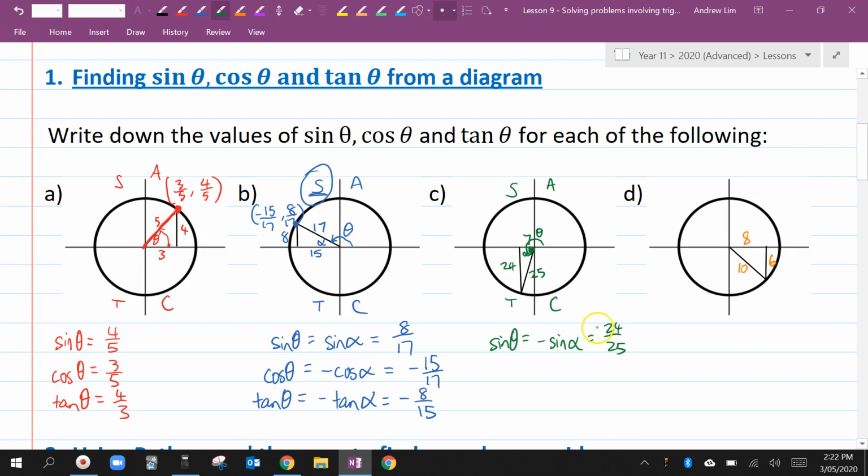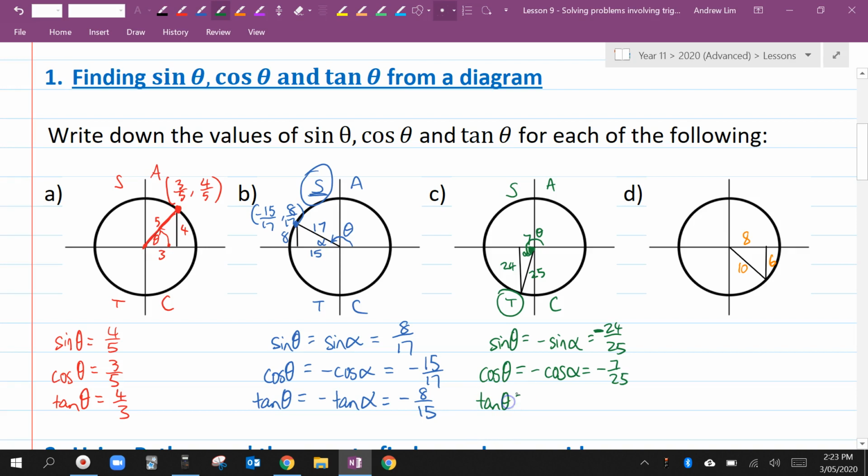But because it's negative, we put a minus sign there. Cos of theta is equal to negative cos of alpha, because remember, only tan is positive in this quadrant. Cos of alpha is equal to 7/25. So it's equal to negative 7/25.